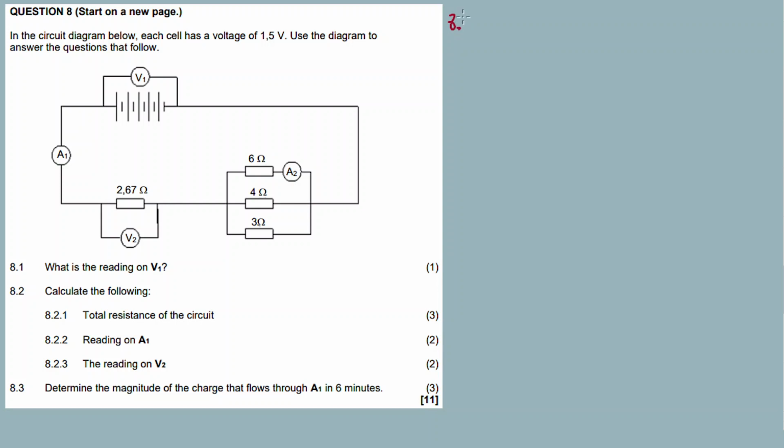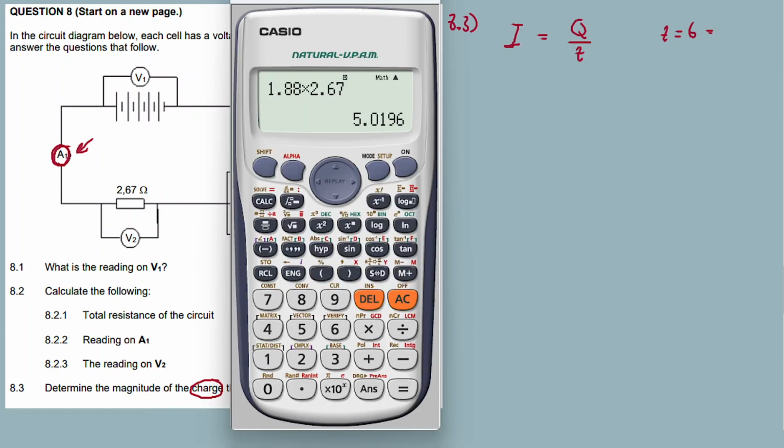On your formula sheet there is this formula: current equal to Q over T. Since I want the charge that flows through ammeter 1, we want to know how much charge flows in 6 minutes through this ammeter. Since we are given 6 minutes, we must change it to seconds.